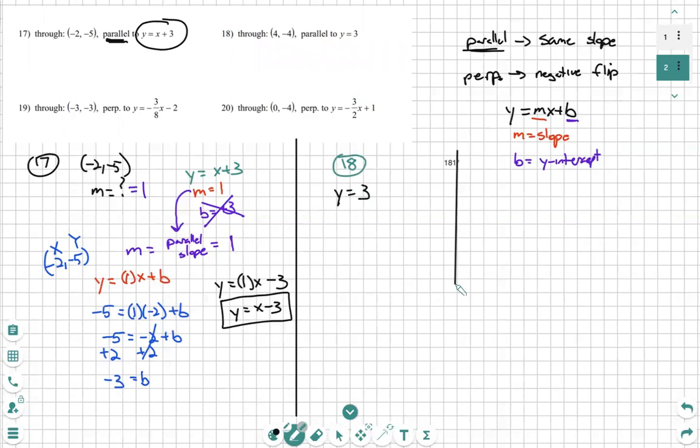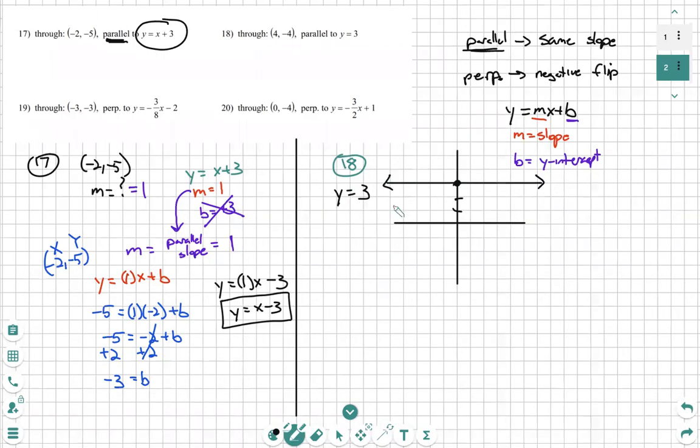Well, if we have y equals 3, we do know that that is going to be a horizontal line. That is y equals 3. And I still cannot draw graphs properly on this program. There we go. So y equals 3.